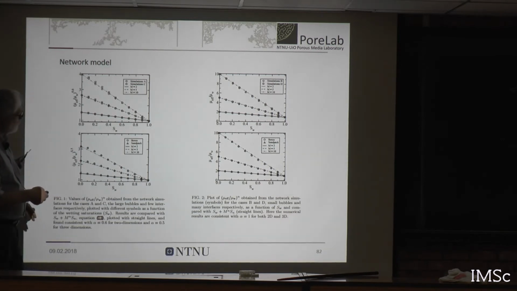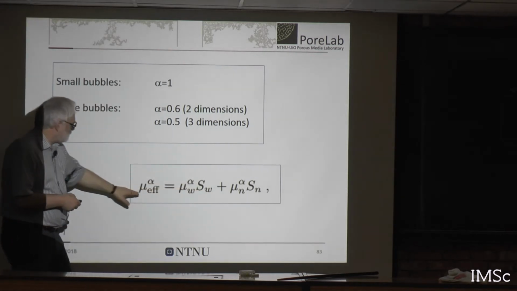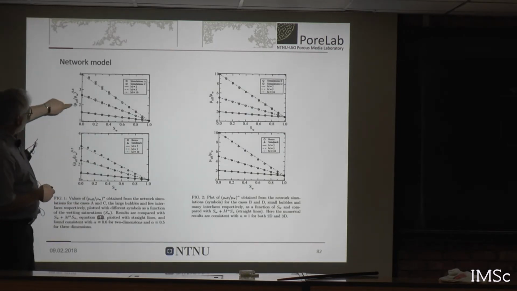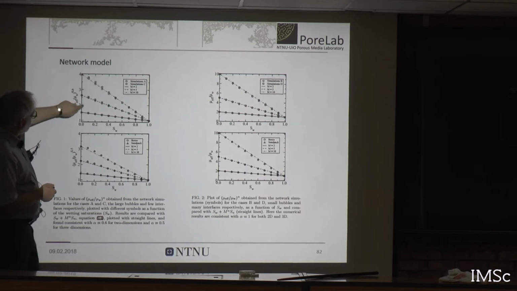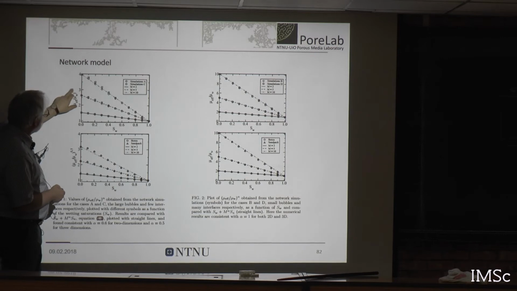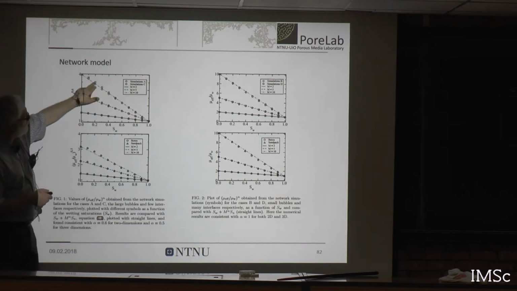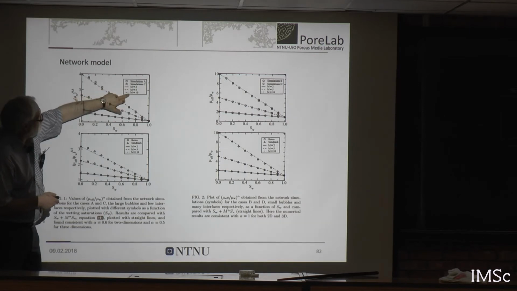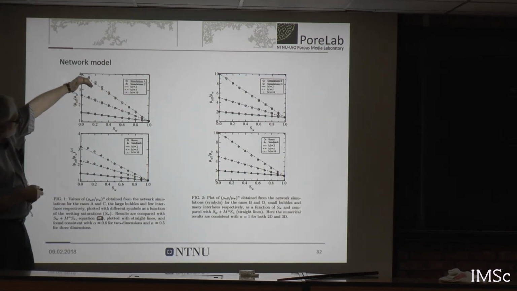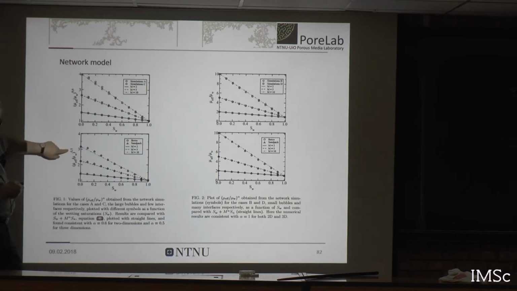Let me take up the expression again. Here's the expression. When I get the right exponent up here, I get straight lines when I measure for different viscosity ratios. So you get beautiful straight lines with alpha equals 0.6 in 2 dimensions and alpha equals 0.5 in 3 dimensions.